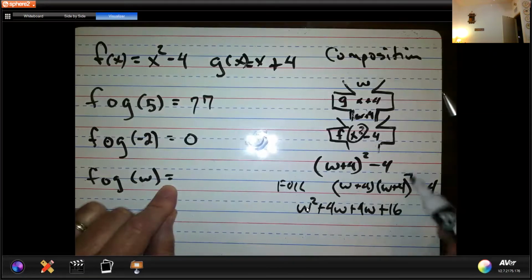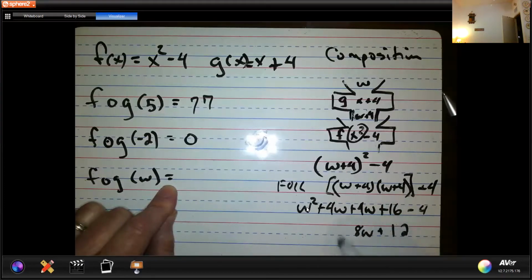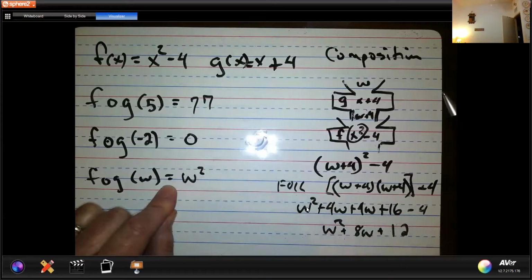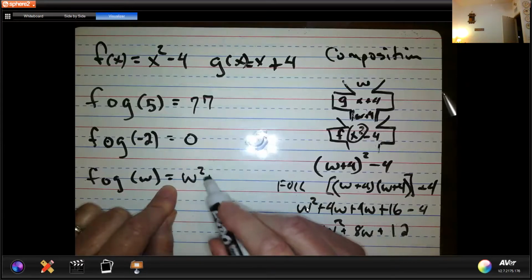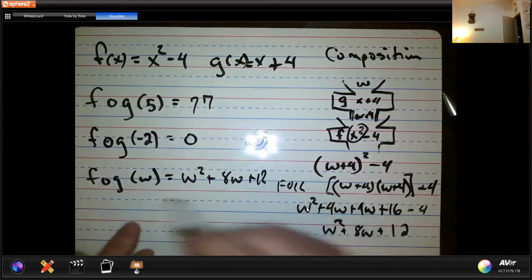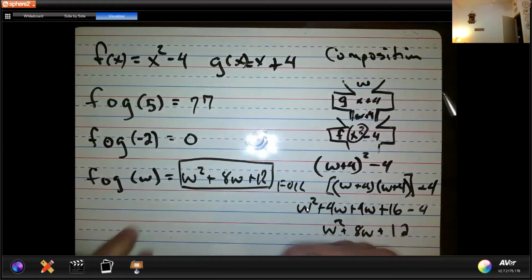Now that's all of this, right? And then minus 4. So that's going to be 12 at the end. That's going to be 8 in the middle. And W squared up front. So my equation is W squared plus 8W plus 12. Ta-da! That's the answer.